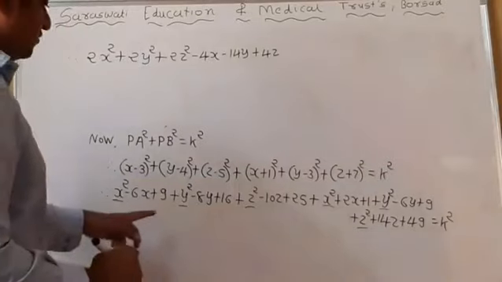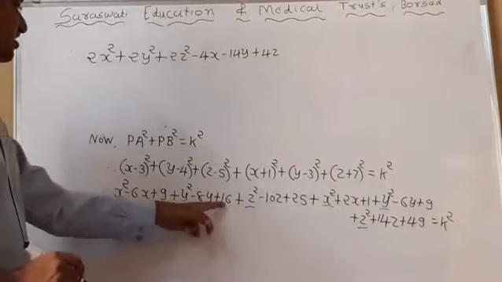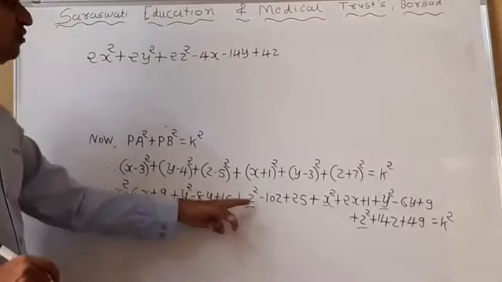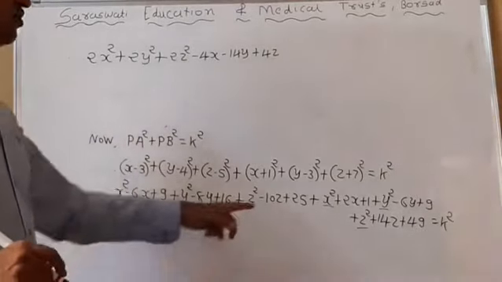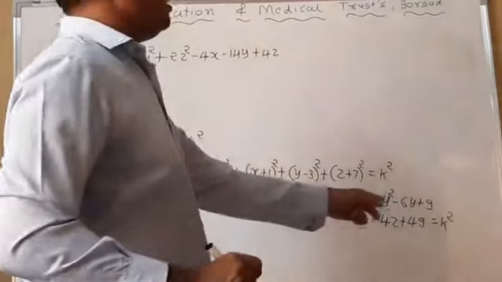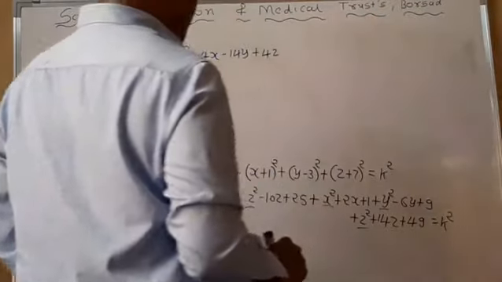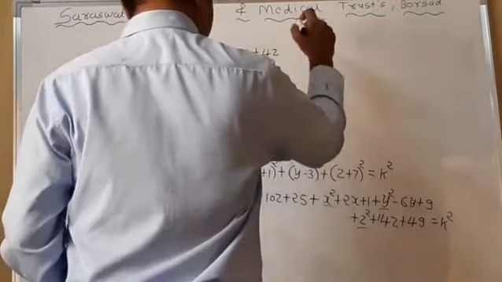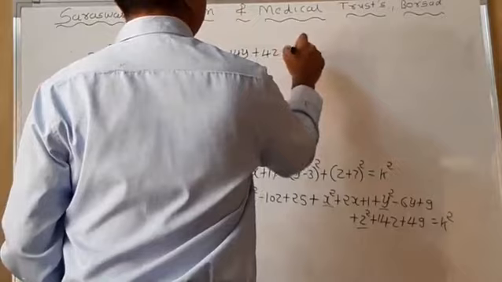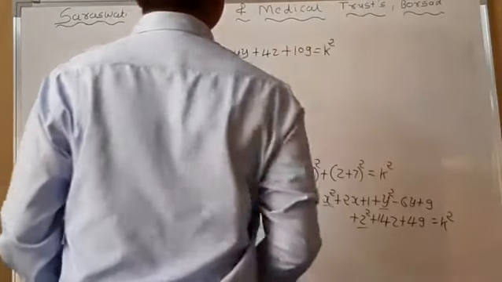Now add the constants: 9 plus 16 is 25, plus 25 is 50, plus 1 plus 9 is 60, 60 plus 49 means 109. So we write plus 109 is equal to K square.